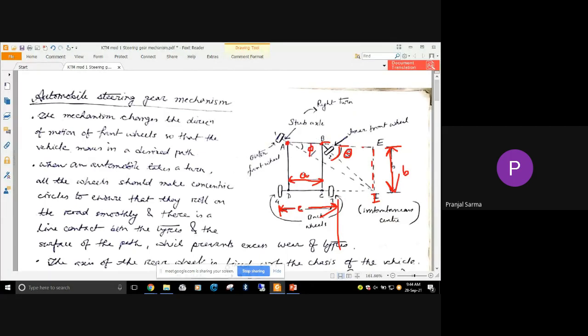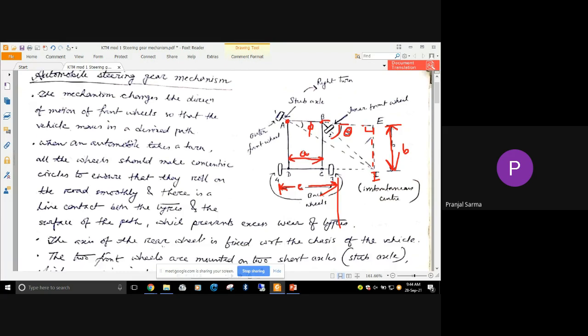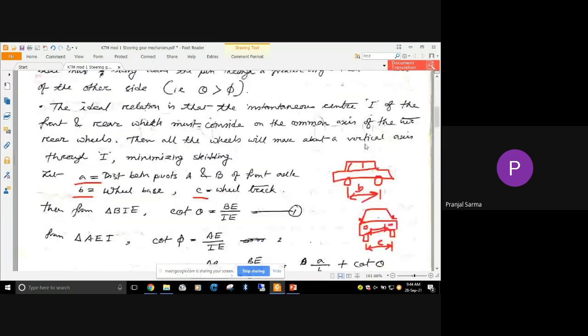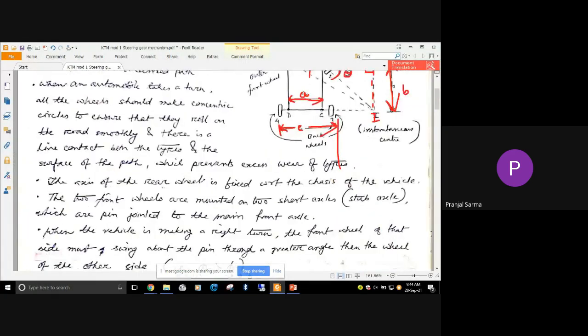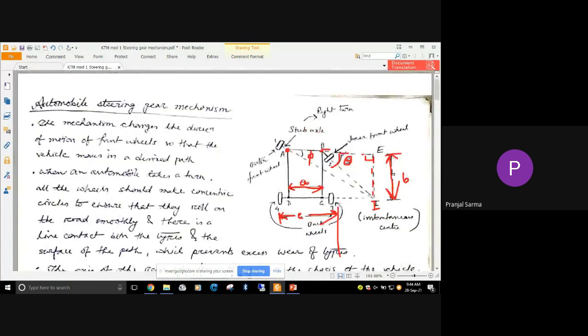These are right-angled triangles, so we can use trigonometry. Cot phi equals BE by IE, so cot of this angle will be BE by IE.